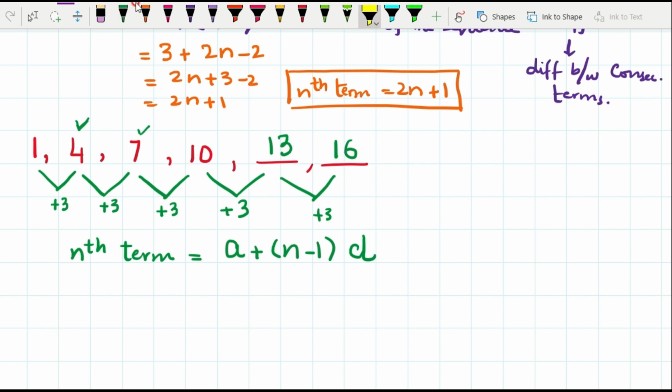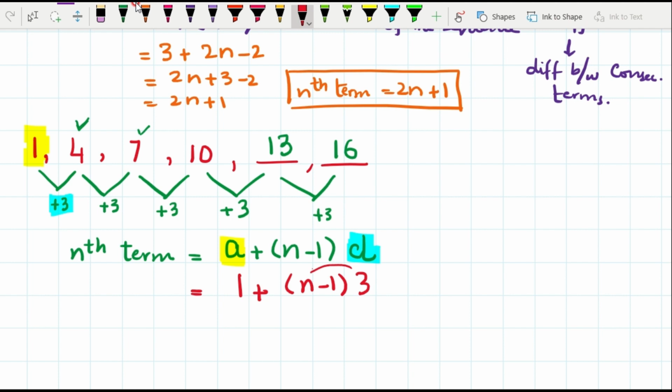Identify with me. A, I told you, is the first term. And what is D here? D is the common difference. So let's substitute the values to get the answer: 1 plus n minus 1 and D will be 3.